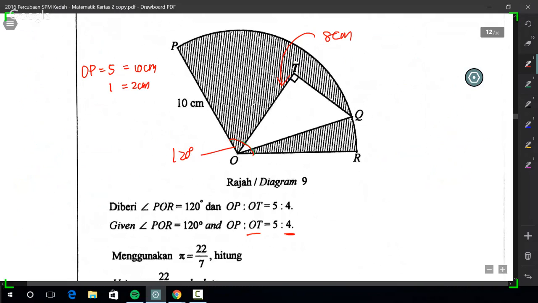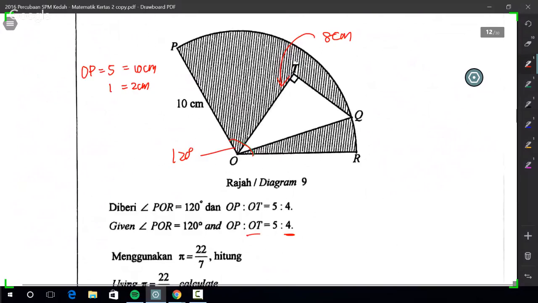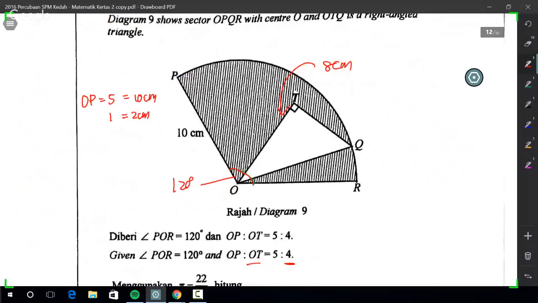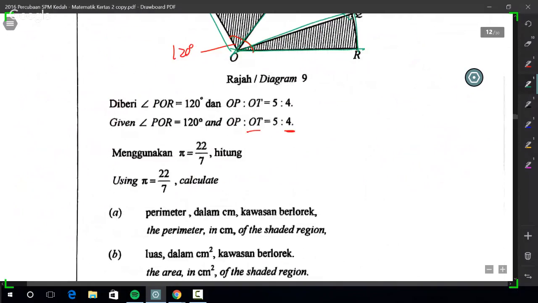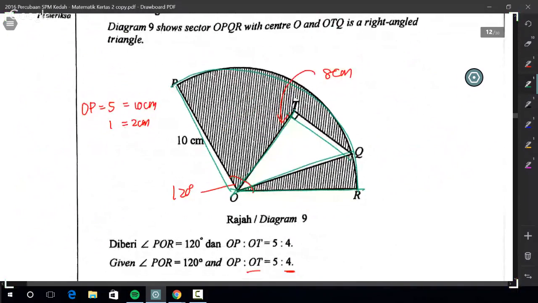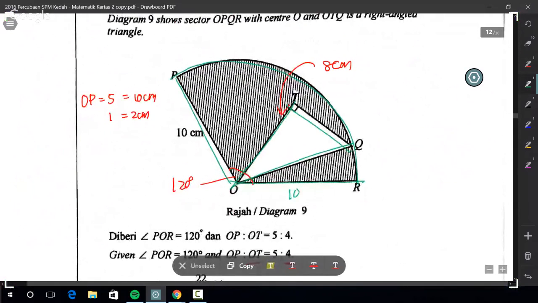Okay, then what we need to do is find the perimeter of the shaded region. That means I need to find this length plus this length plus this length plus the triangle sides. This is how I find the perimeter of the shaded area. Here and here is 10. This is 10. It's very easy. Now we have some problem here.